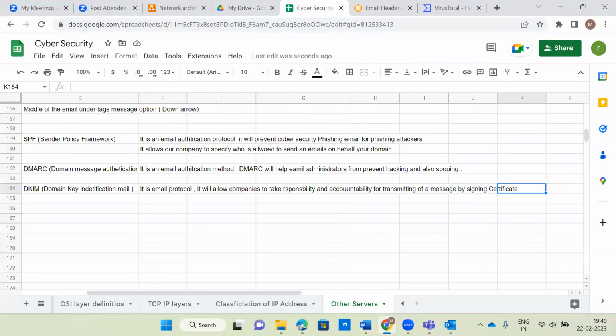So between sender and recipient these keys will be exchanged, and even if an attacker is trying to see the data in the transmitting stage, if it is plain text, the attacker will see whatever data we are sending.